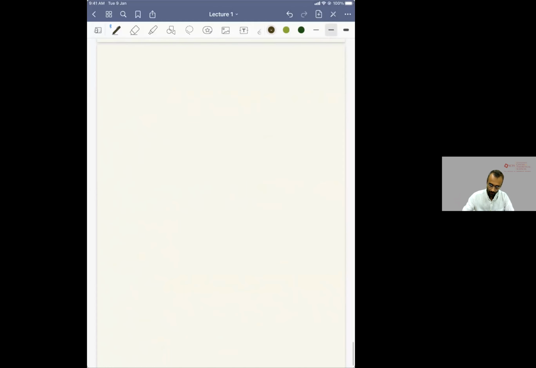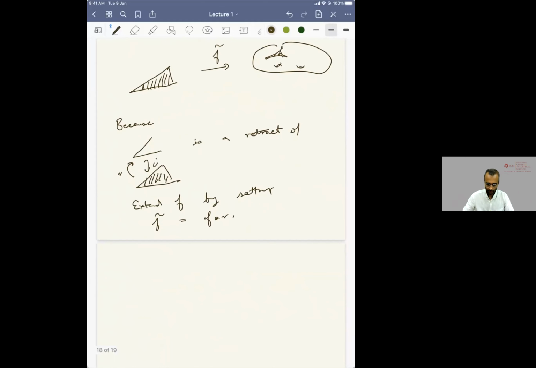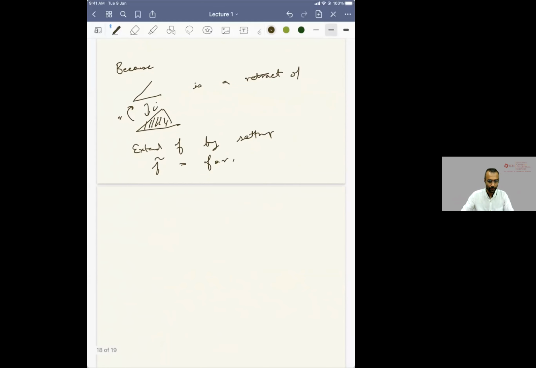So, in general, okay, to make the general statement, let me make a definition.